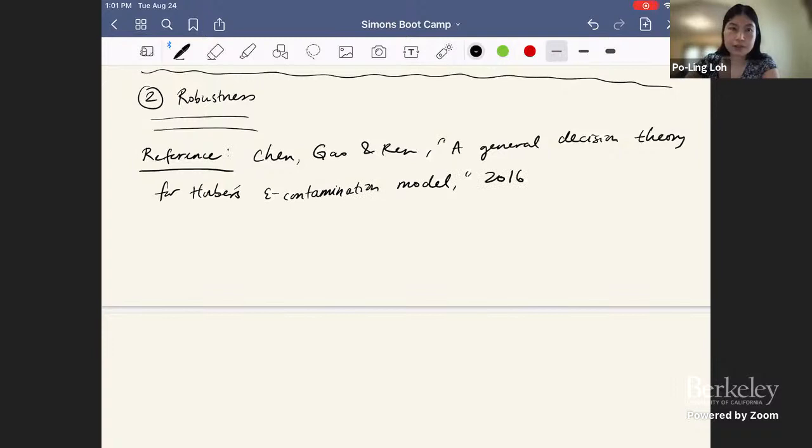So we'll be focusing on lower bounds when we have some form of robustness of our estimators. So here's a little bit of background on Huber's epsilon contamination model.